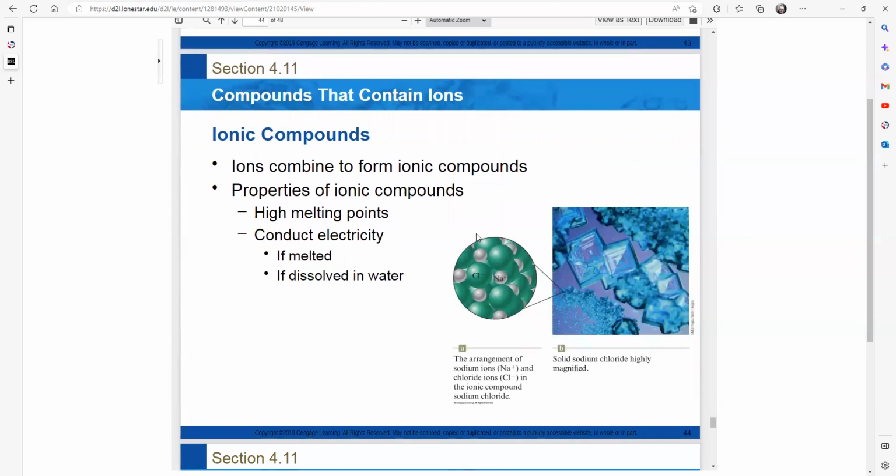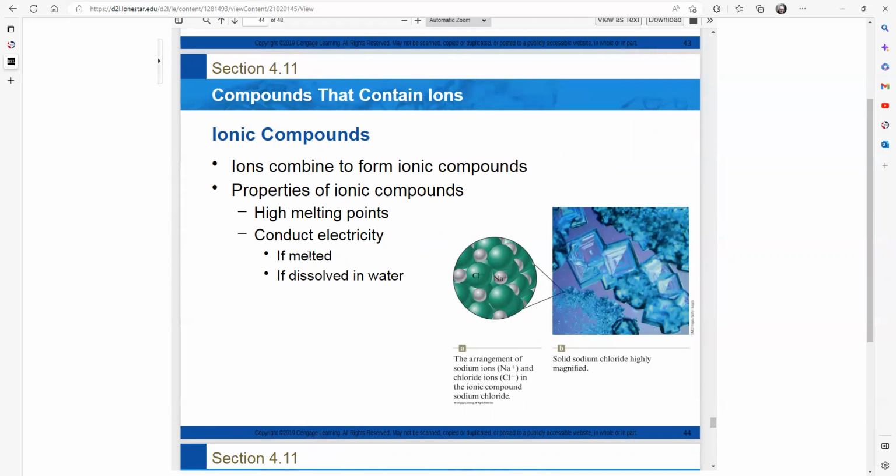The ionic compounds are generally ions that combine to form ionic compounds, a cation and an anion. The properties of ionic compounds are high melting points, and they conduct electricity if melted or dissolved in water.